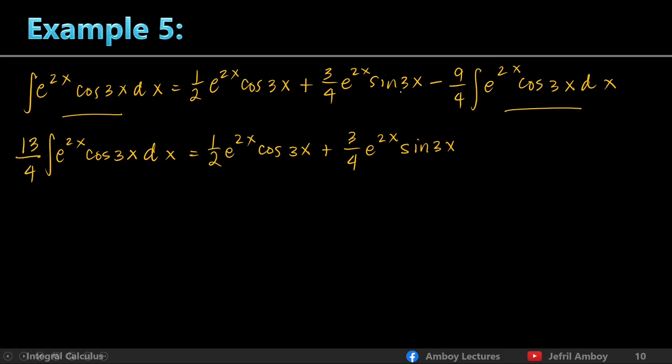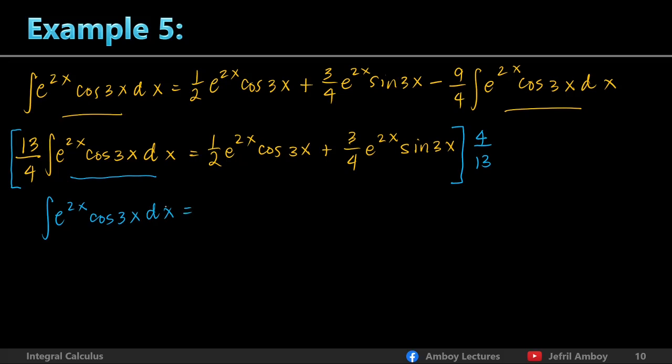Okay, now, ang kailangan na lang natin gawin is kuhanin to. So, to get this, we need to multiply both sides of the equation by 4 over 13. Diba? Mumultiply natin yan ng 4 over 13 para mag-cancel to. So, ang matitira na lang is itong term na to, which is yan yung hinahanap natin. Diba? Sulat natin. This becomes the integral of e raised to 2x cosine of 3x dx.